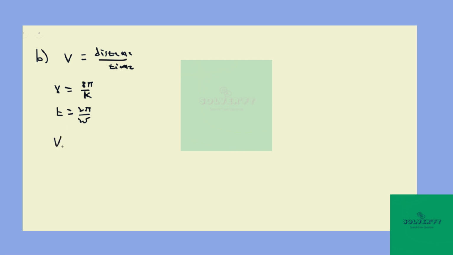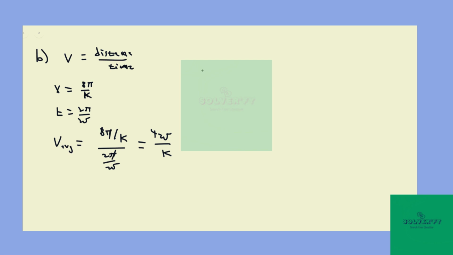So the average velocity is going to be equal to 8 pi over k over 2 pi over omega, which is going to be equal to 4 omega over k. These cancel: omega over k, 8 over 2 is 4, so 4 omega over k.